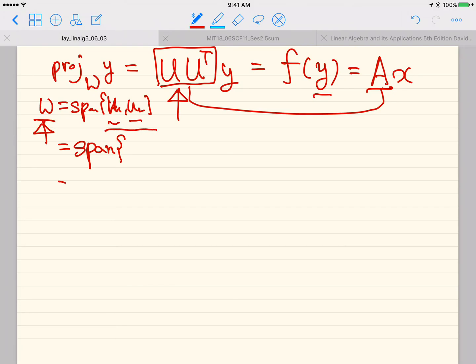Suppose you found another orthonormal set of vectors, maybe v1 and v2. Let's imagine it's an orthogonal projection onto the subspace W, and in this case our matrix U will be this guy.